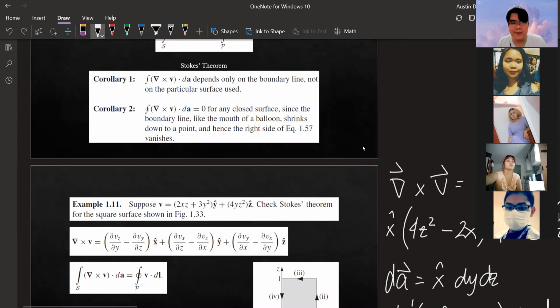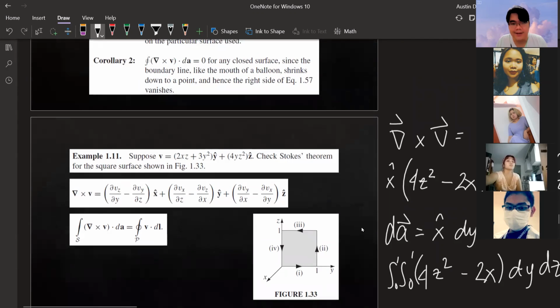So in 2D, hindi ka makakabuo ng closed surface. Okay? Kaya ito yung ginamit na surface kasi ito yung given sa atin na square surface daw and shown in figure 1.33 which is this. So itong square surface na ginamit natin. Okay? So kaya natin ito ginamit kasi tanong siya.